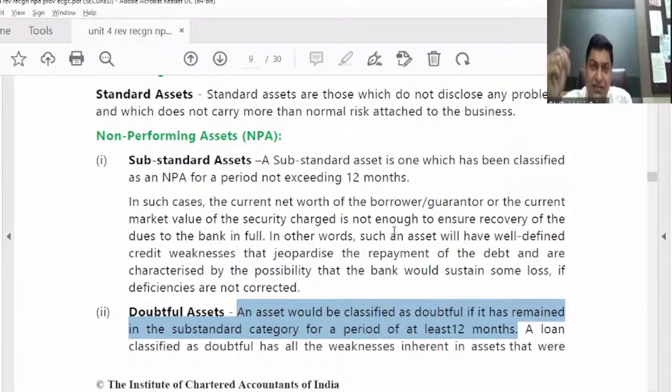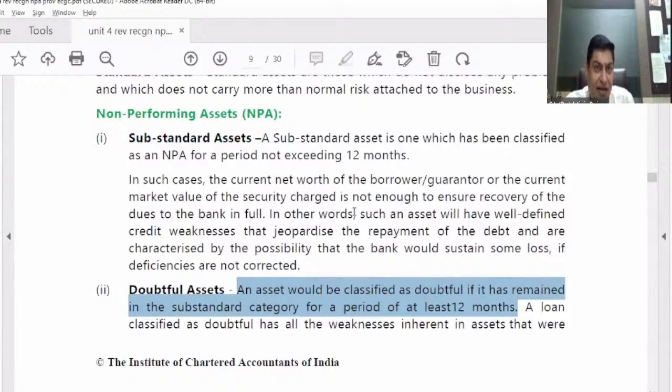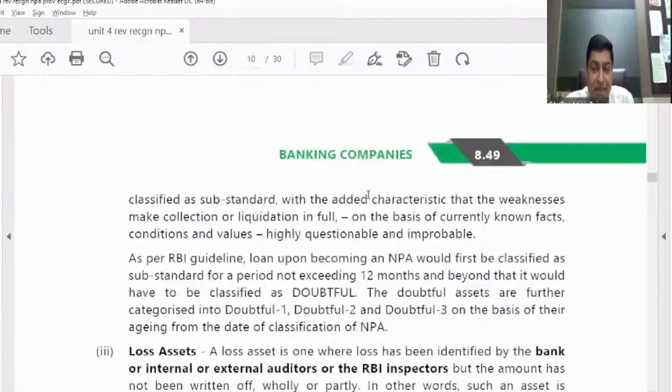So at the second stage, if this account continues as a substandard asset, then after 12 months it is known as a doubtful asset. So weaknesses are more and recovery may be less in future because the borrower is not responding, is not at all depositing the money.